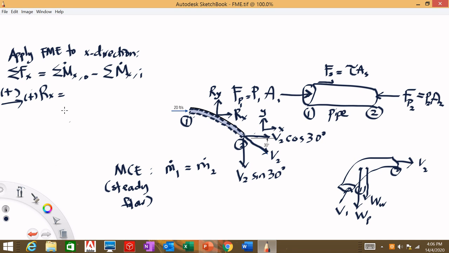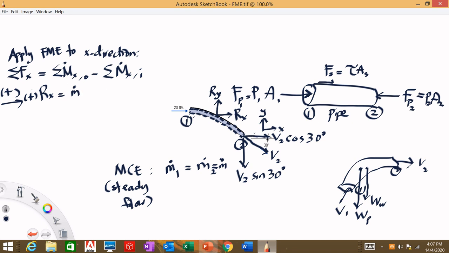At the outlet, since the mass flow rate is the same, I can simply use m dot only. For both, the m dot is the same. You don't need to put 1 and 2 because you can reduce the unknowns and reduce the notation. Use one notation only. So m dot times velocity in x direction at the outlet, which is V2 cos 30.